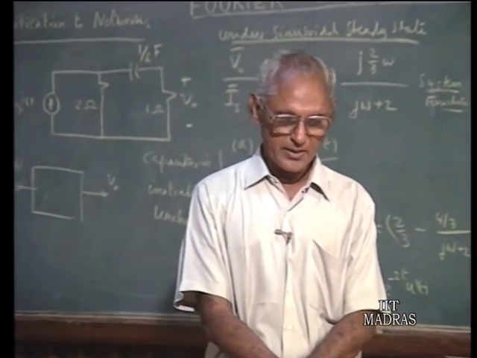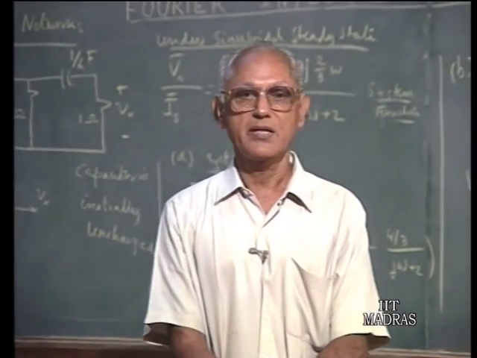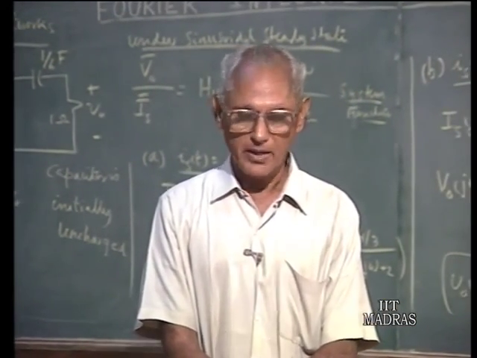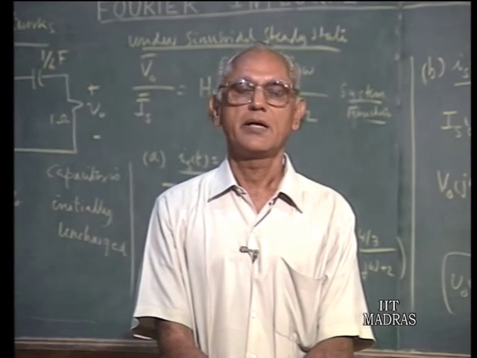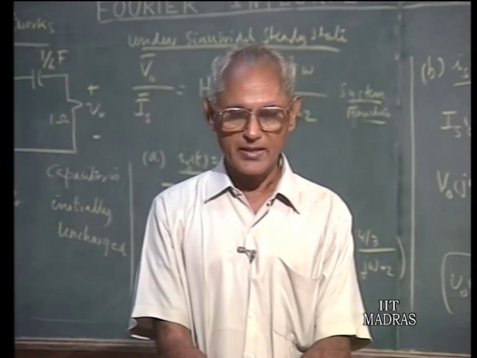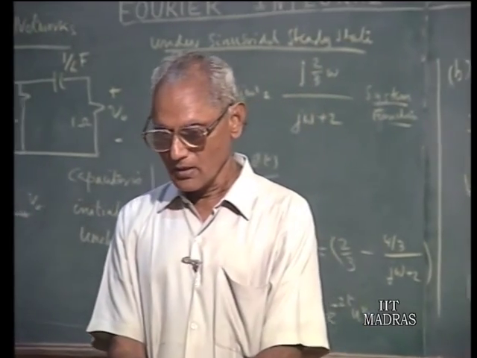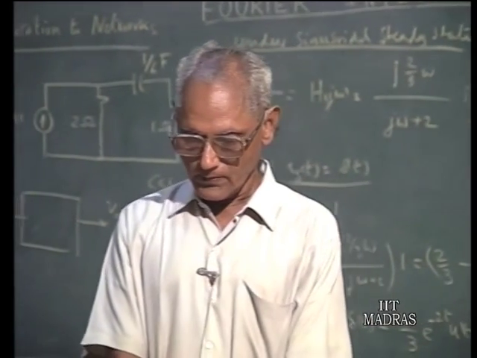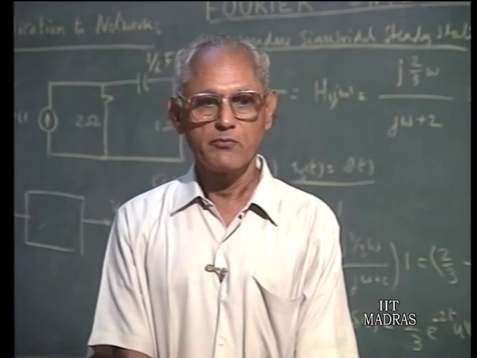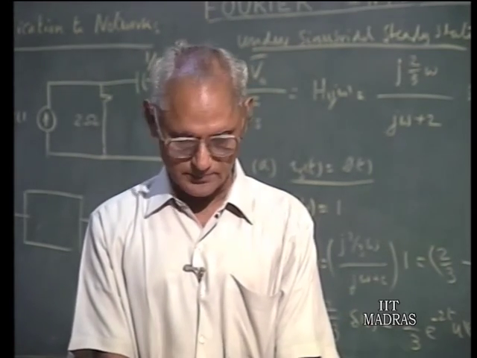In particular, we said any function f of t integrated from minus infinity to t is equivalent to multiplication in the transform domain by a term 1 over j omega plus pi delta omega, and in particular when the transform F of j omega is 0 when omega equals 0, the second term drops out.